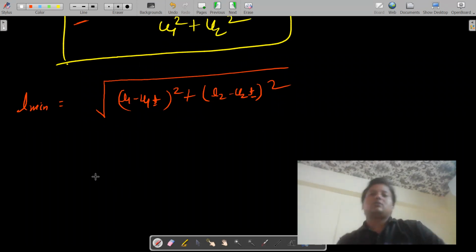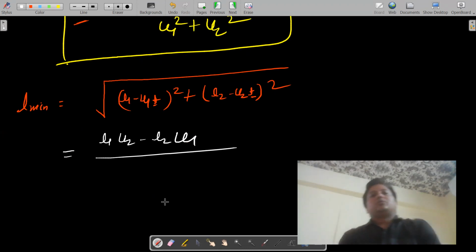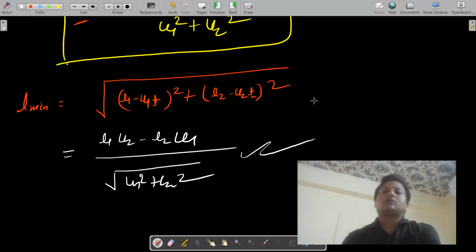And the answer will be something like (L1u2 minus L2u1) over the square root of u1 square plus u2 square.